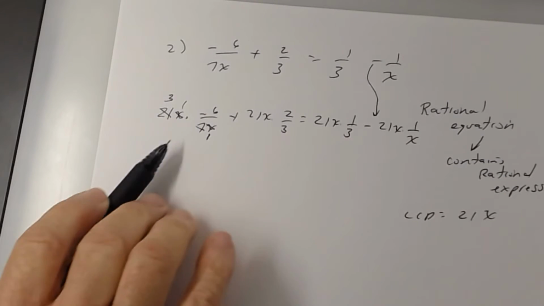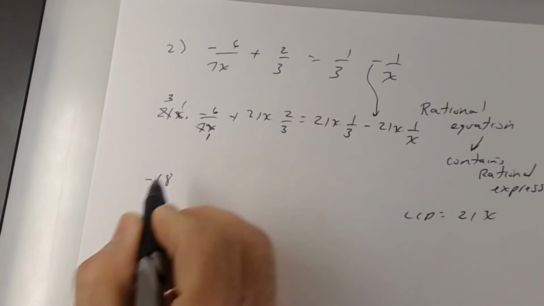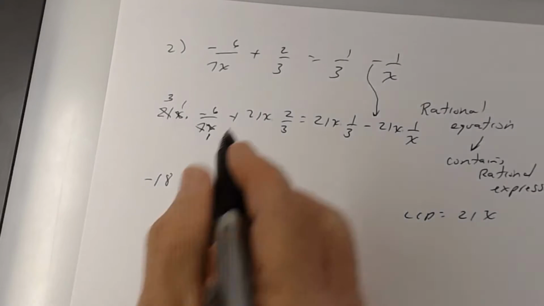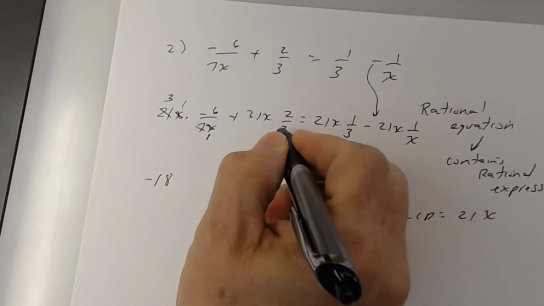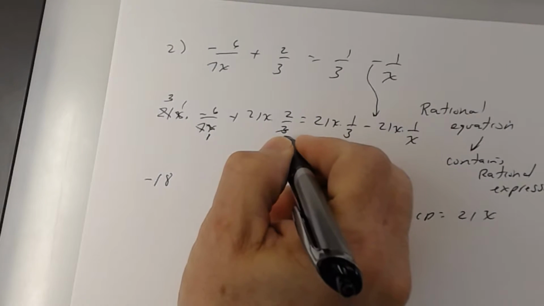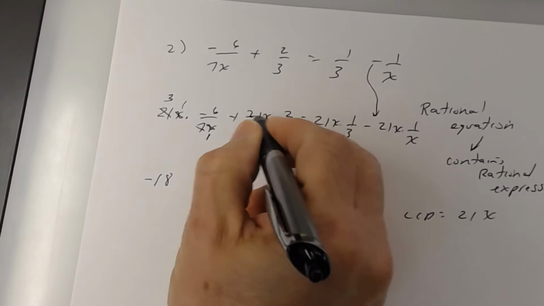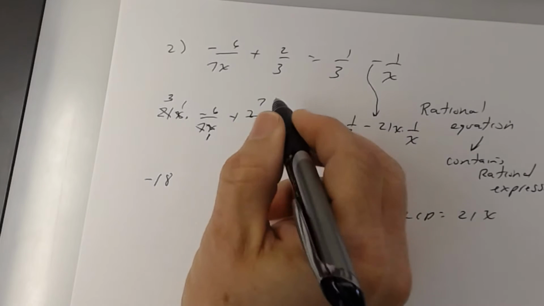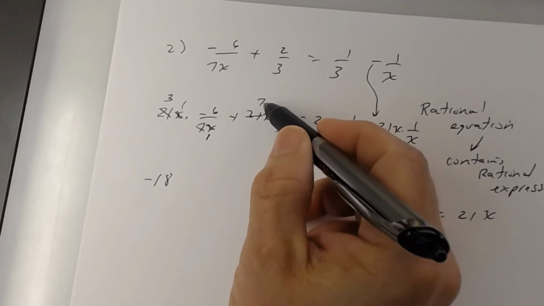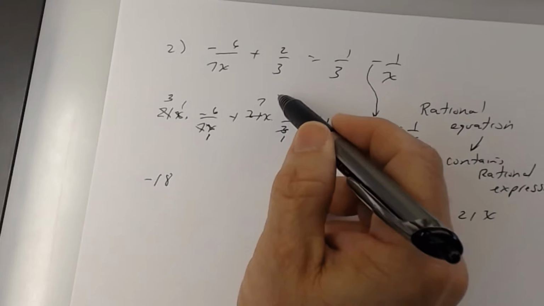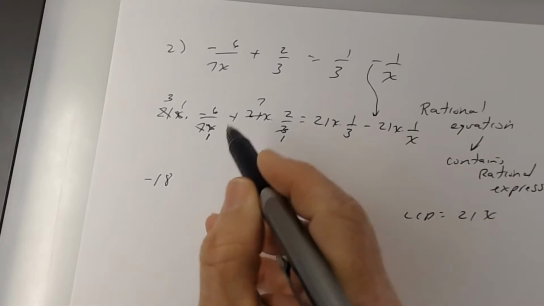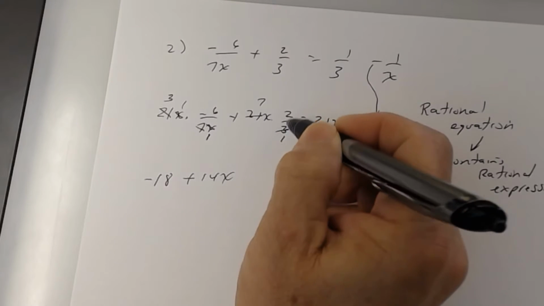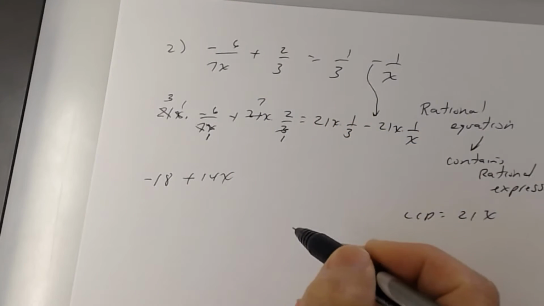And what's 3 times a negative 6? Negative 18. So that's what that becomes. Let's reduce this. The whole purpose of multiplying by the LCD is to get rid of this 3 to make it a 1. 3 and 3 is 1. 3 and 21 is 7. So look what I'm doing, 7 times x times 2? 14x. Make sure you saw how I got that. 7 times x times 2 is 14x.